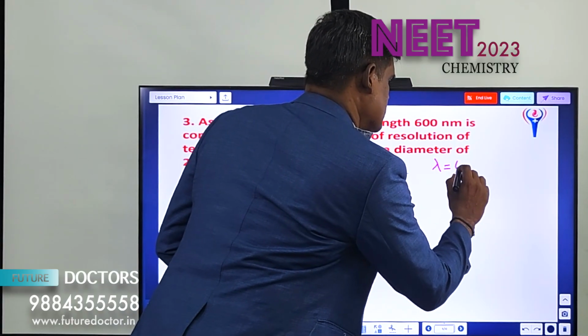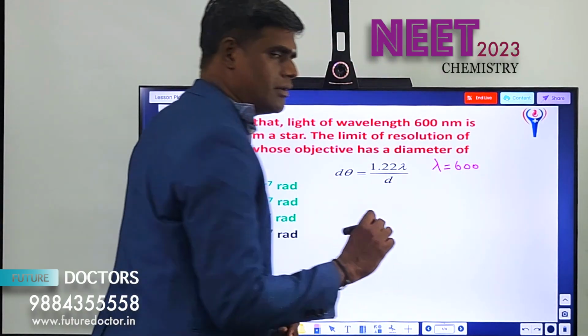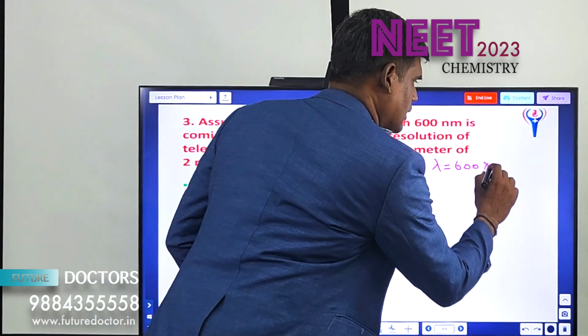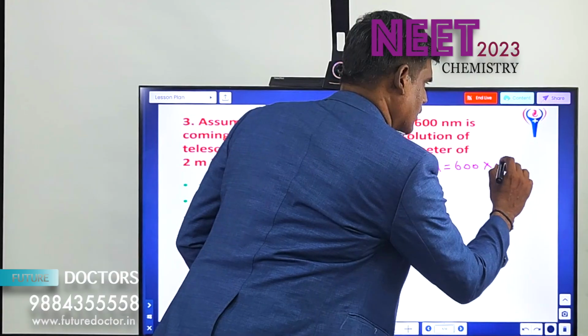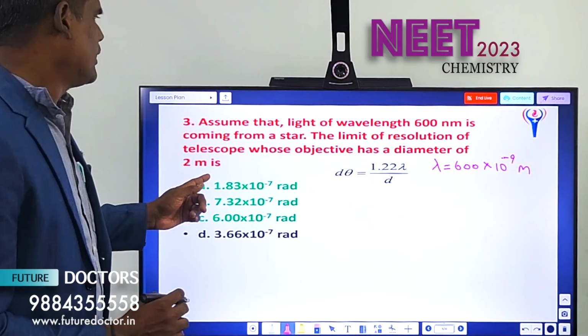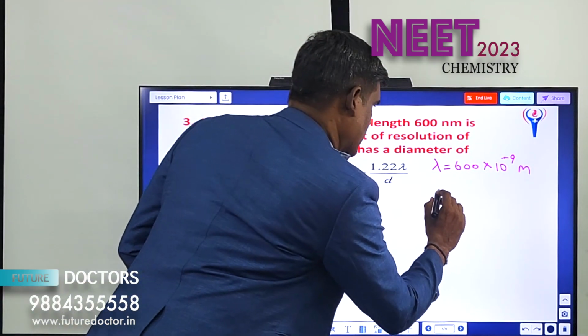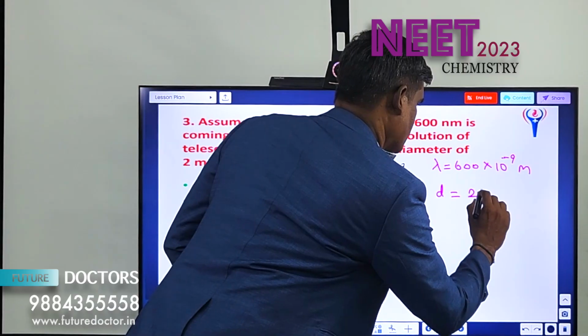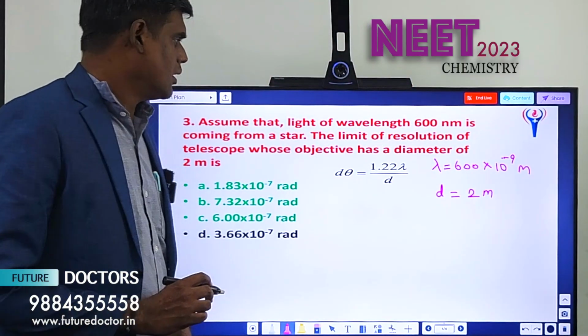Lambda equal to 600 nanometer, convert into meter. 1 nanometer equal to how much? 10 power minus 9 meter. And diameter, small d, is 2 meter. Substitute this here.